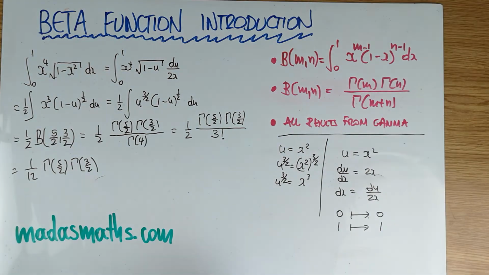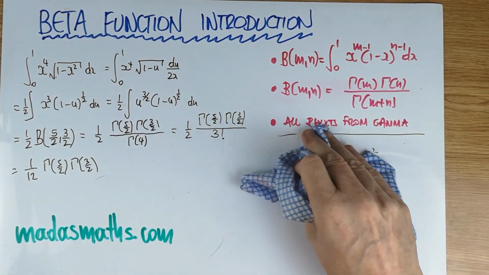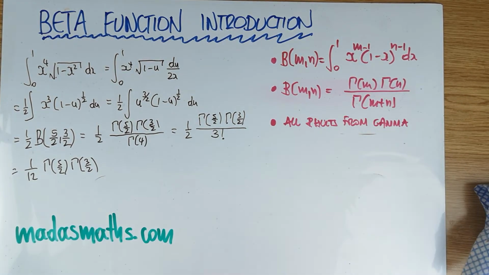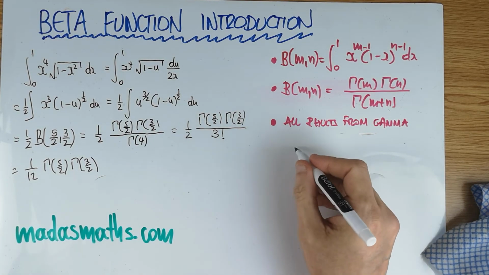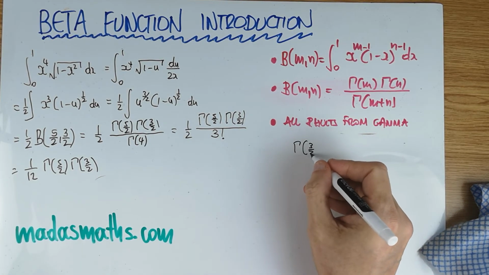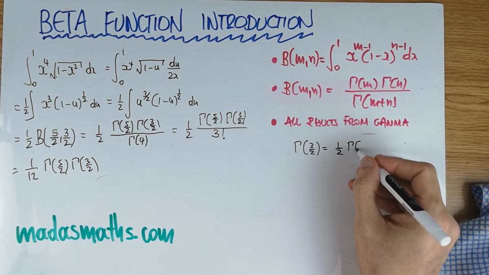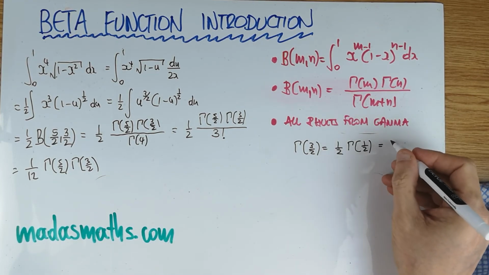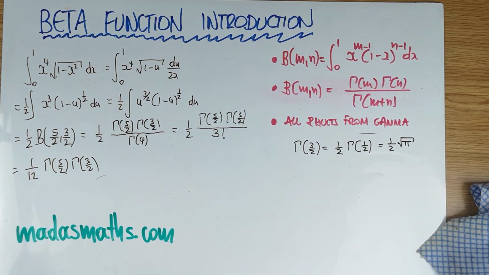So I can just write down and remind you of the recurrence relation from the gamma function, that's why I say all results from gamma. First of all, the gamma of 3 over 2 is 1 less, a half, gamma of a half. And the gamma of a half is a well-known result from the gamma function, the square root of pi.